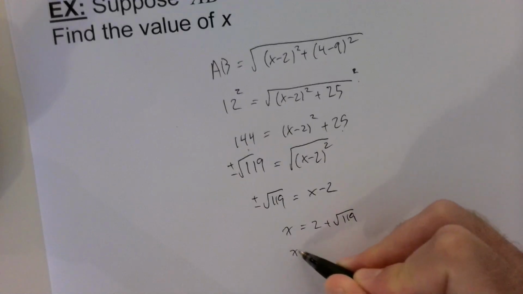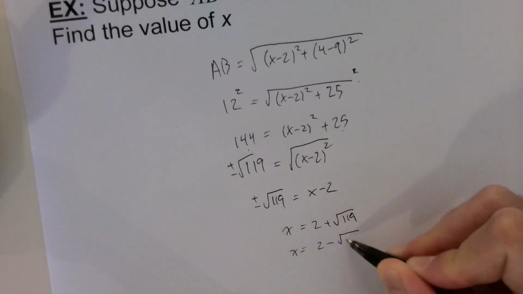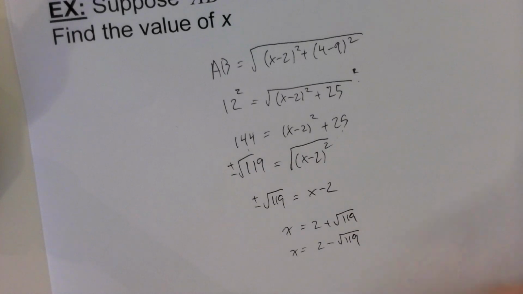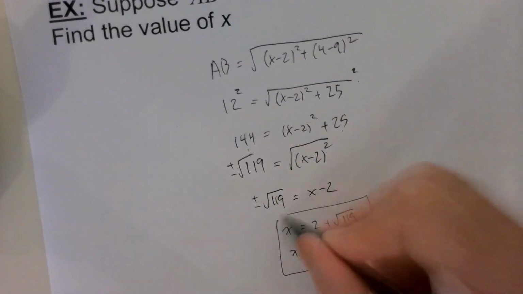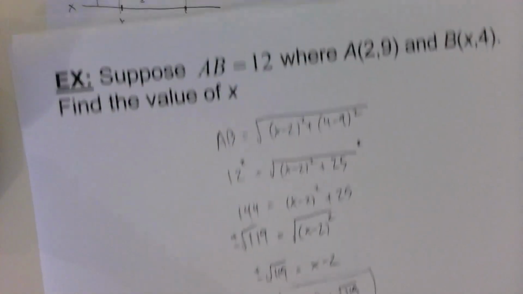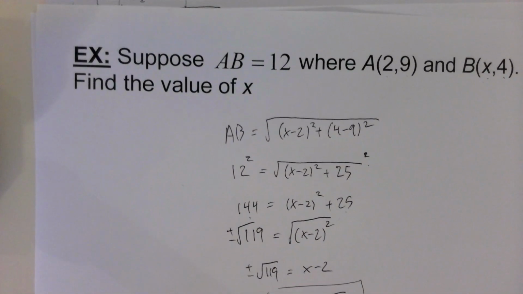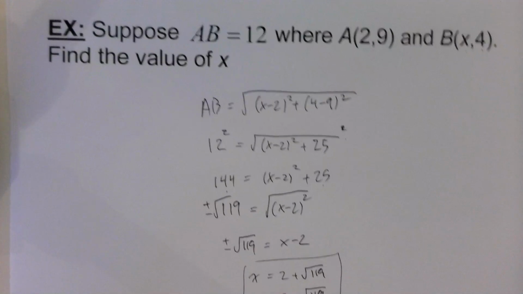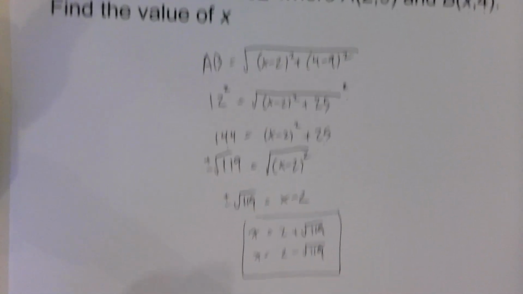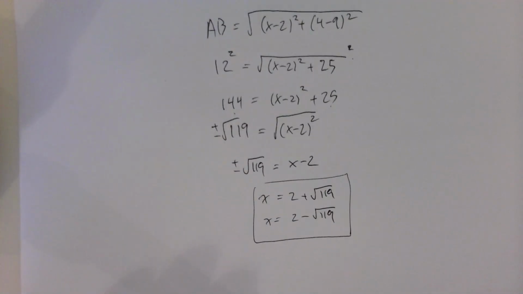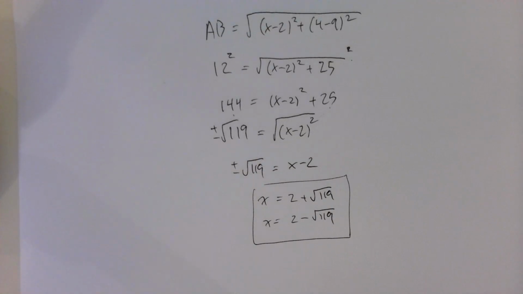X could also be 2 minus the square root of 119. So x could be either one of those. So just to recap, we plugged into the distance formula, used some algebra to get that x alone, and that is our coordinate for the x position of B. That's it for today.